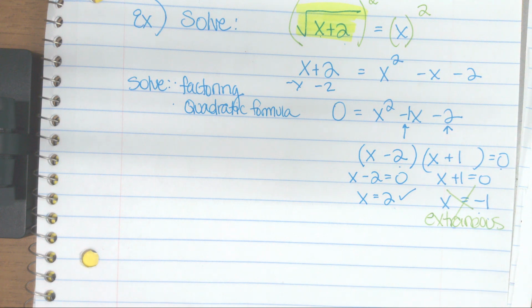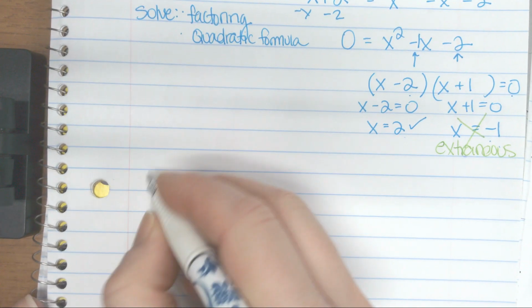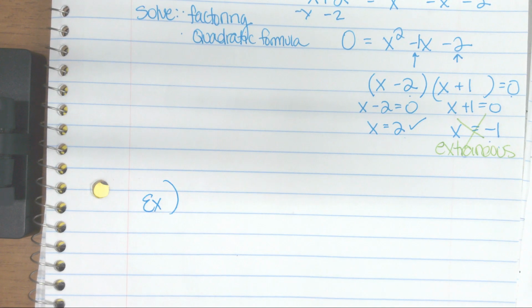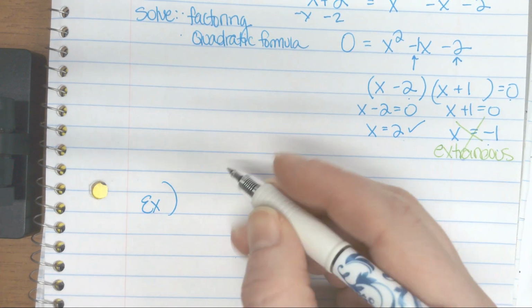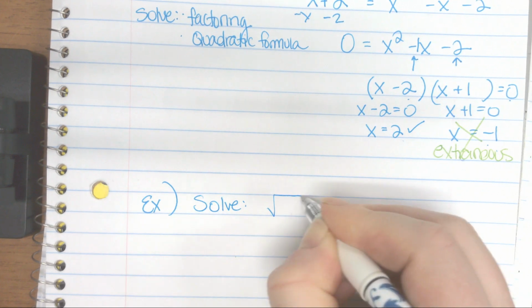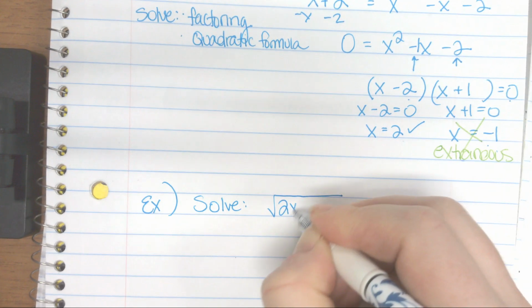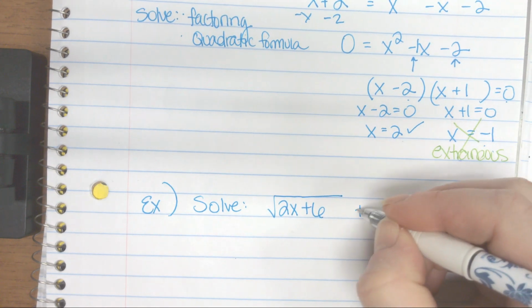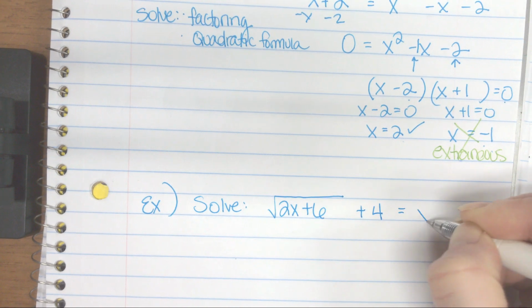Okay. Let's do one more. So I'm going to have us solve square root of 2x plus 6 plus 4 equals x plus 3.